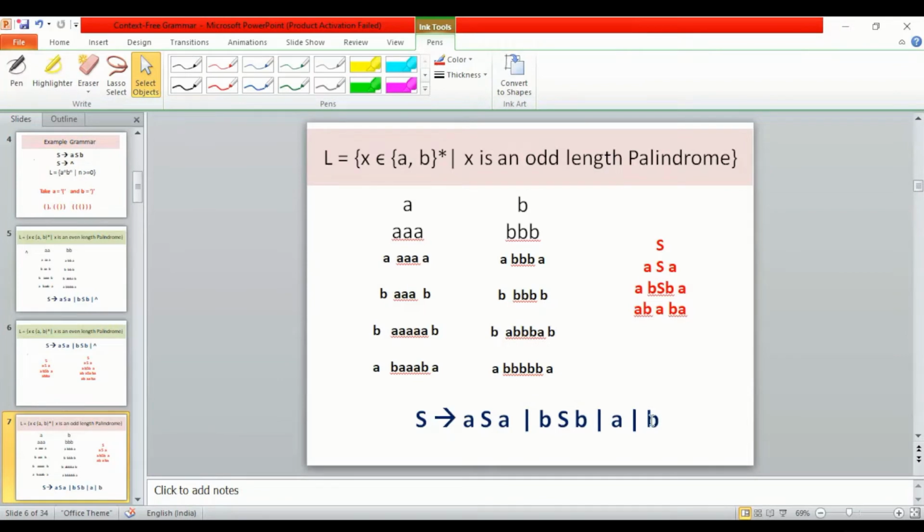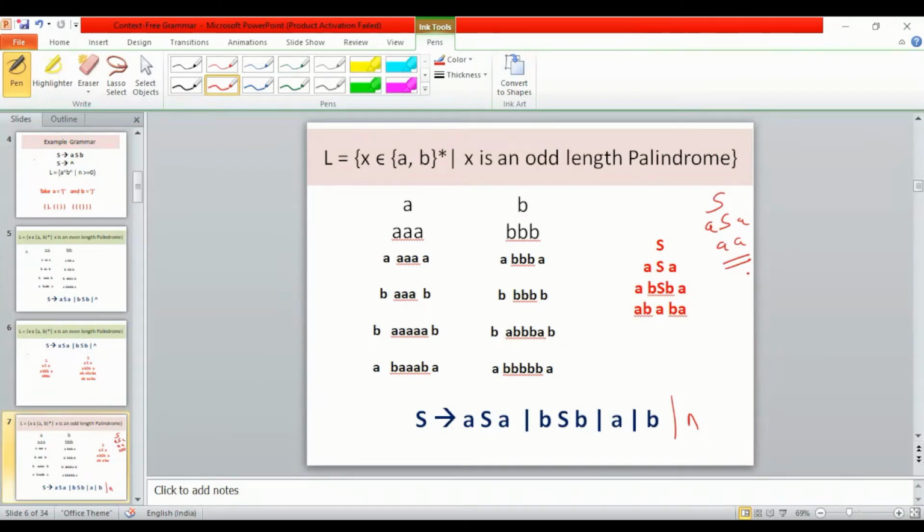Now if I put null along with this, then what will happen? It will allow me to generate strings like this, which is an even length palindrome. If I replace S with null, I will get even length palindrome also.